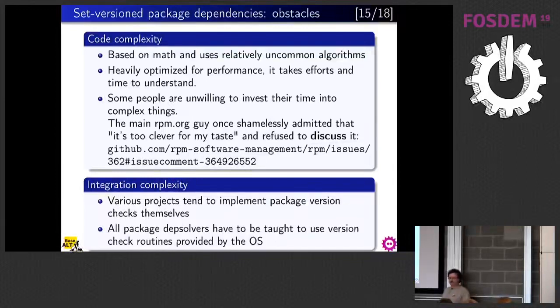And some people are really not ready to invest their time into complex things. For example, the main RPM org guy once admitted that this implementation is too clever for his taste and refused even to discuss it. And with regards to integration, the problem is that various projects tend to implement comparisons of package versions and releases themselves, and they are not aware of this.